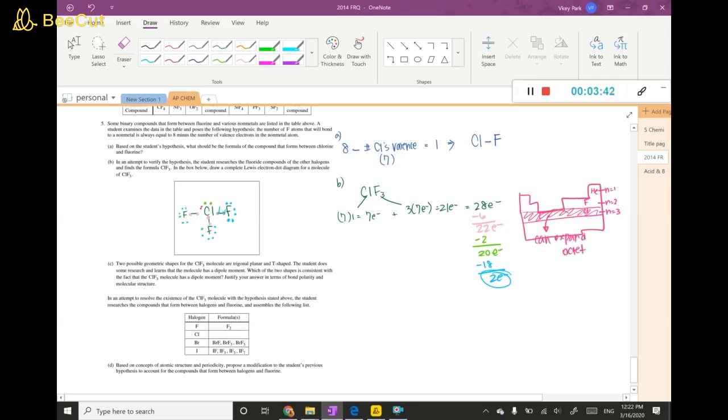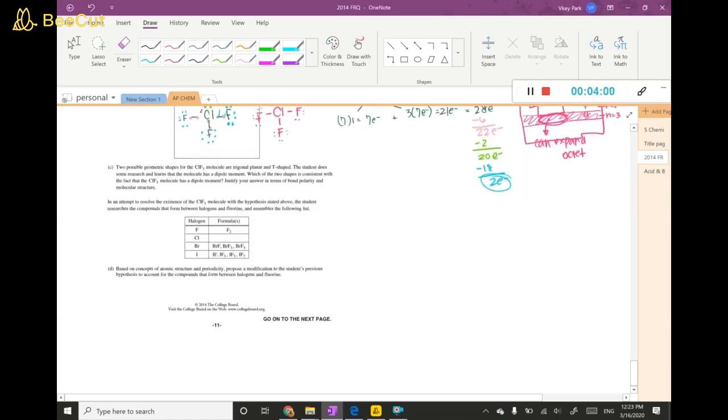Okay, why? Because the d orbitals are empty. Do you remember that? So this would be my Lewis dot structure. If I were to just draw it out a little bit prettier, it would look like this, with lone pairs all around fluorine. Easy peasy. All right, let's continue with C.